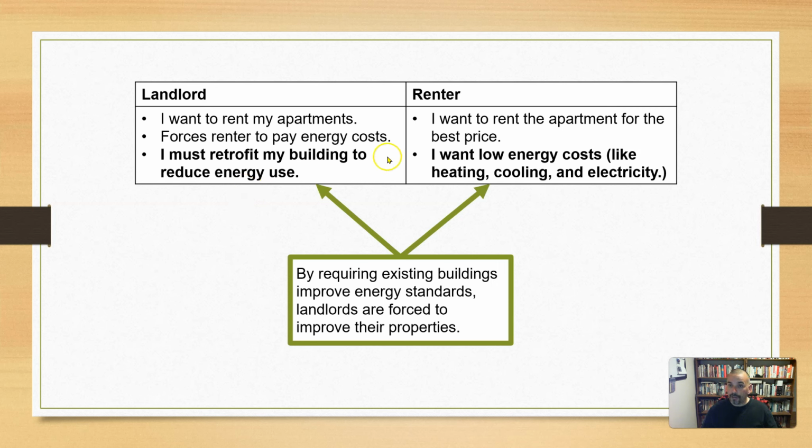So we could also have programs that make this easier for those landlords to pay if we wish. But the idea is that by improving energy standards that apply to existing buildings, landlords are going to have to design for lower energy use, and this is also going to benefit renters. And as with the housing example, when we use less energy, this is going to benefit all of us as well.